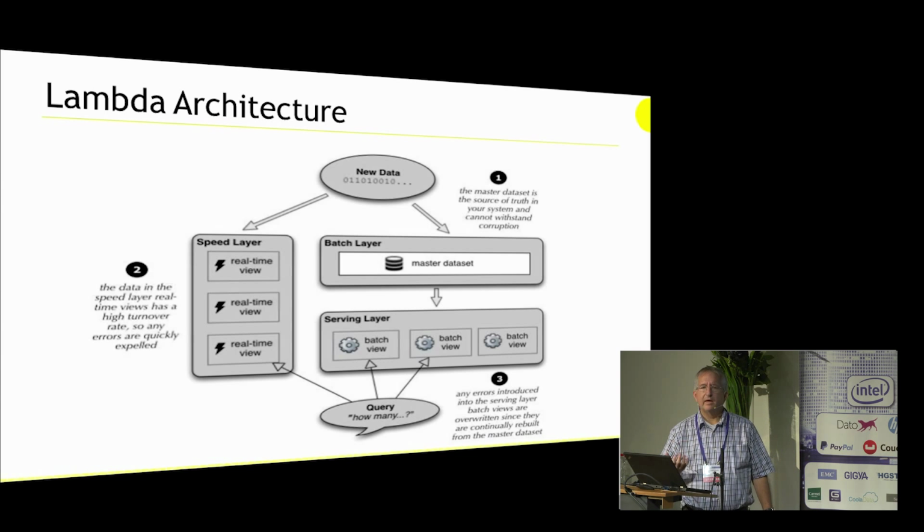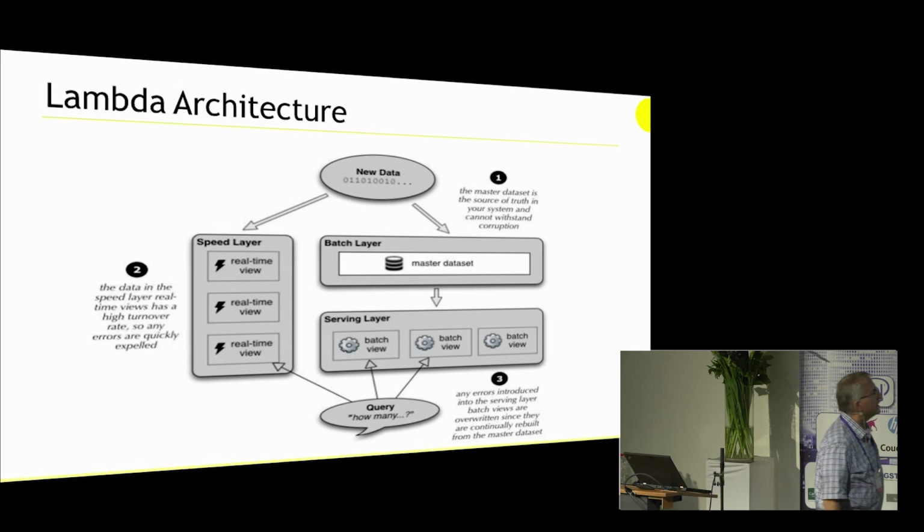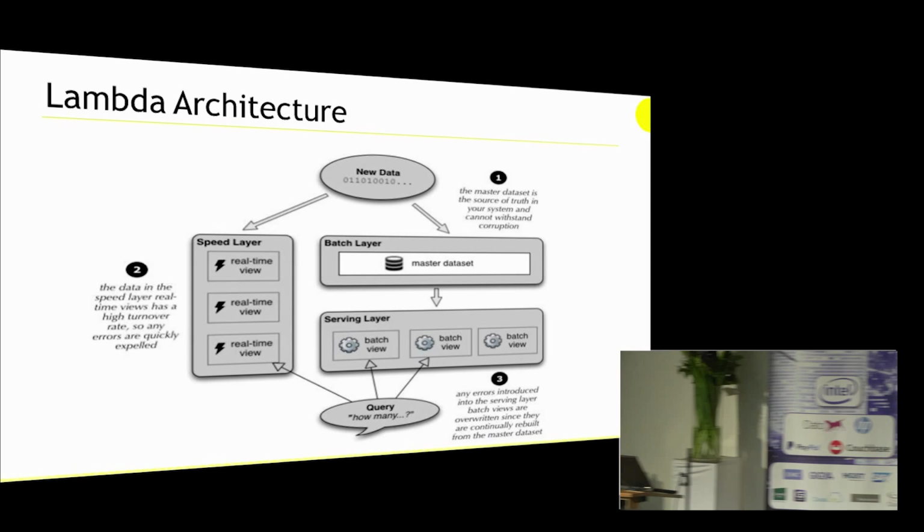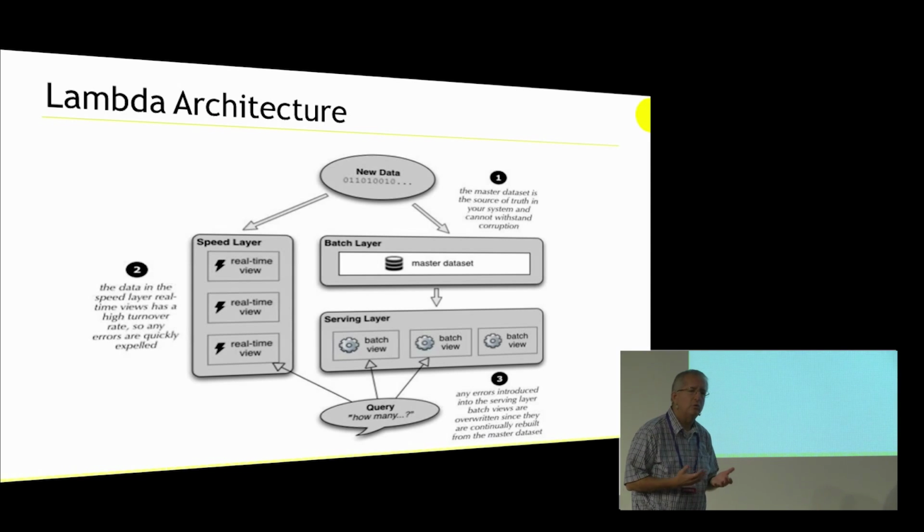Now, there are two parts for what you do with the data. First is what is called the batch layer. The batch layer is where you store the raw data, the master data set. Usually it might be a Hadoop cluster or something similar, but that is where the data goes.